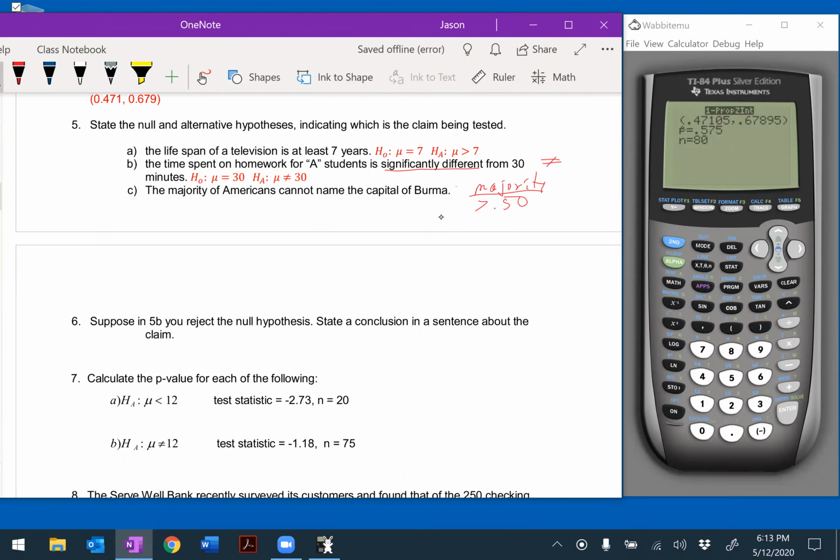Well, the claim, because it's not an equal sign, that's going to be my alternative. So what is my null? My null is that the proportion is equal to 50%. My alternative is that the proportion is greater than 50%, which is a majority. Okay, simple majority.